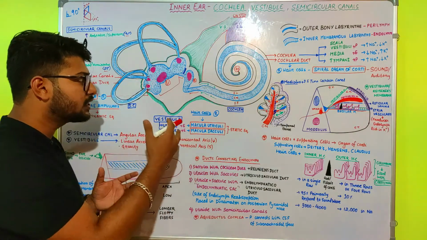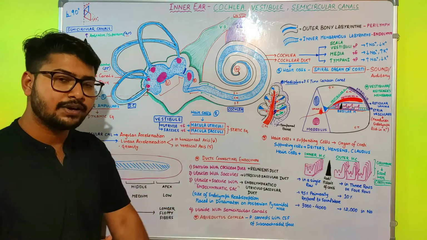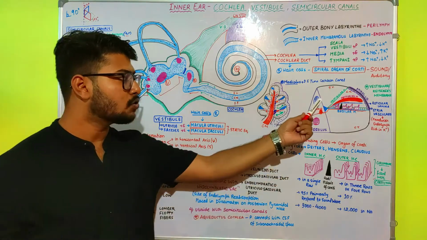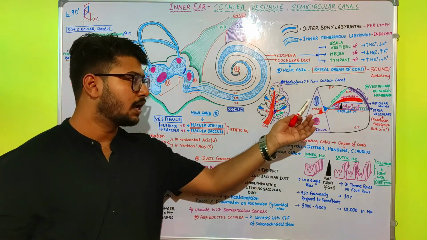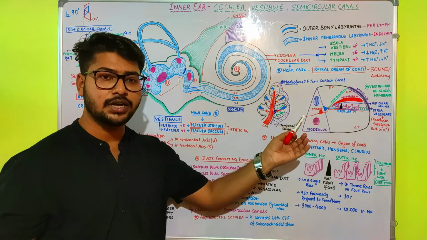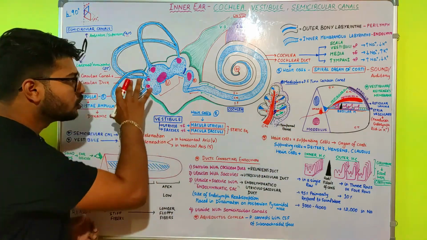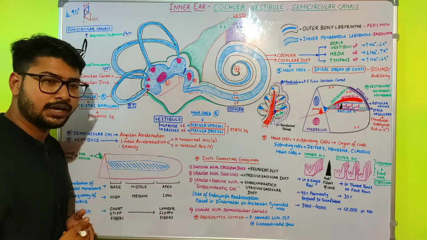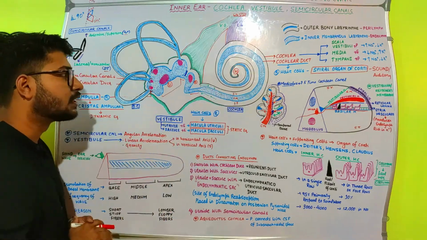The structure that we find behind the medial wall of the tympanic cavity is related to the 2 windows, the oval window and the round window, which are associated with the middle ear and the inner ear. So this is the structure we see behind the medial wall of the tympanic cavity. What is that? Yes, this is the structure of the inner ear.